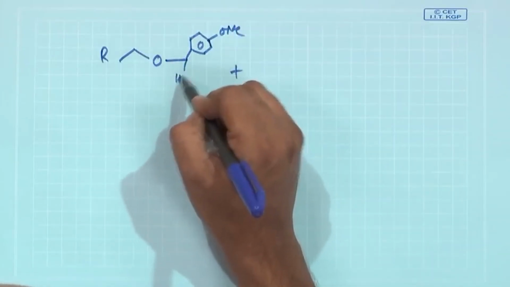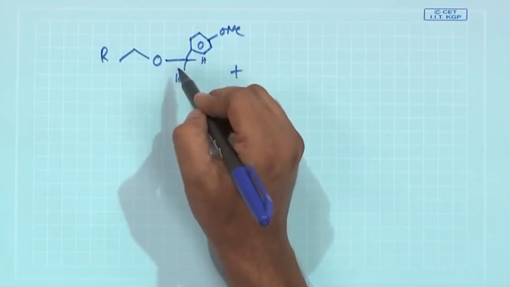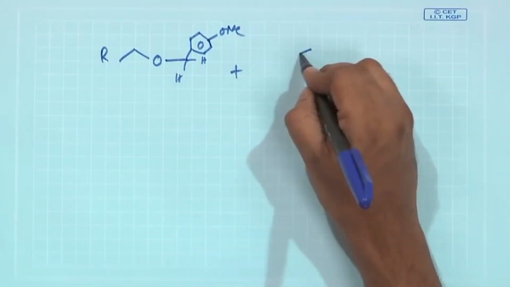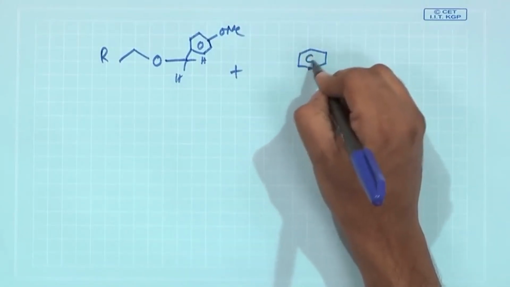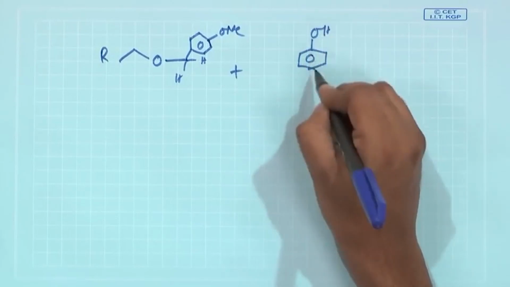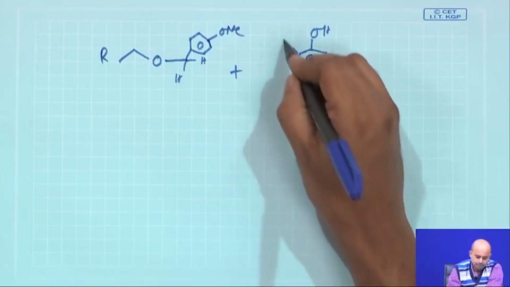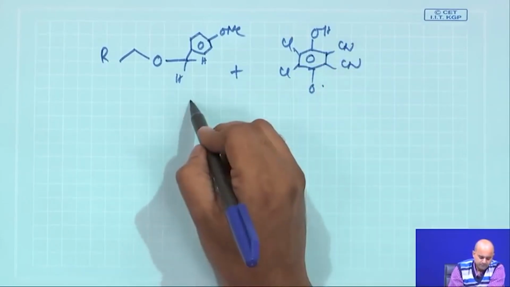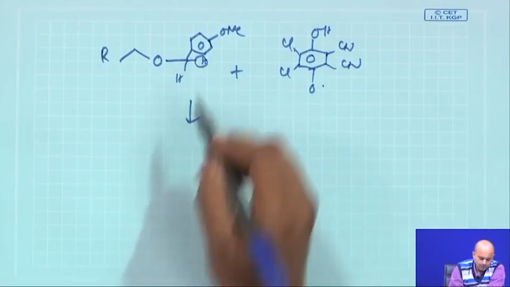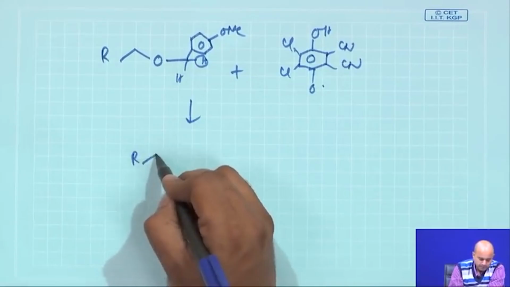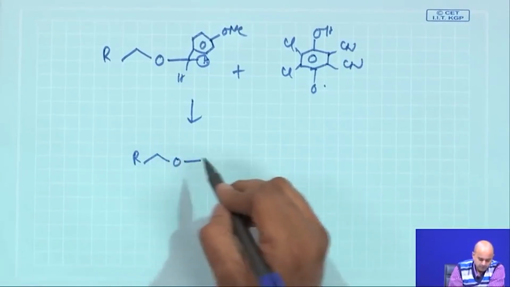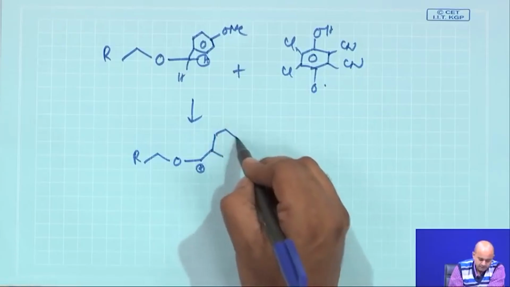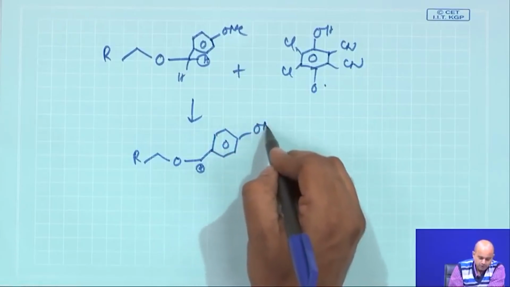One of the hydrogens here is transferred to the DDQ, and once this hydrogen goes off, you get the corresponding PMB cation, which is stabilized by this para-methoxy group.